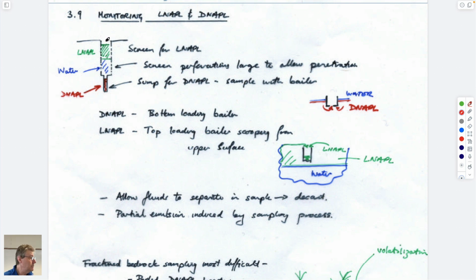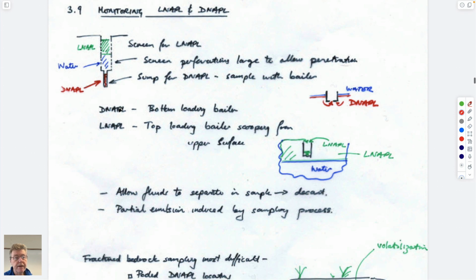If you want the denser than water fluid, you have to go right to the bottom of the borehole, and that's why you have bottom entry bailers, which allow you to sample the fluid from the very termination of the borehole.